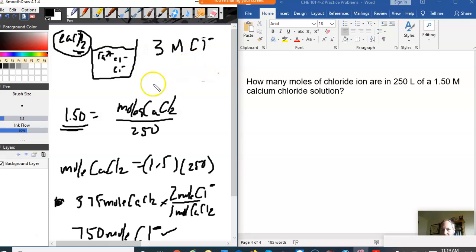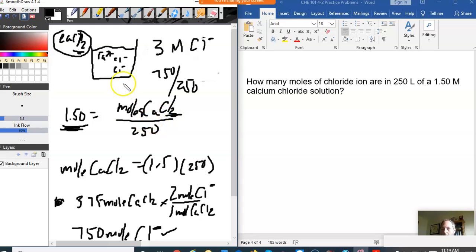Or you can take that 750 and divide it by the 250. Oh, okay, so that's the mathematical way. I guess it's all math, right? But if the molarity of the calcium chloride is 1.5, the molarity of the chloride ion is twice that.